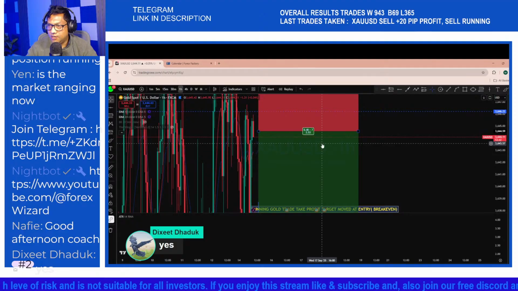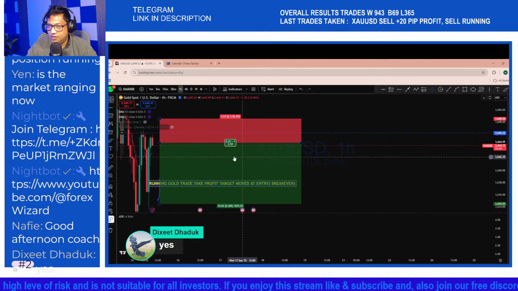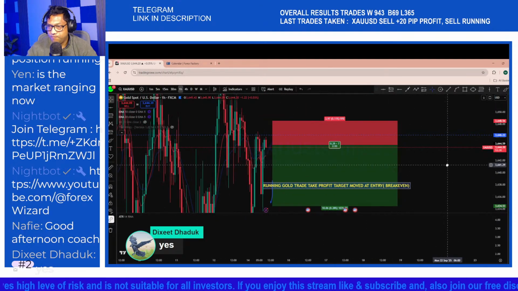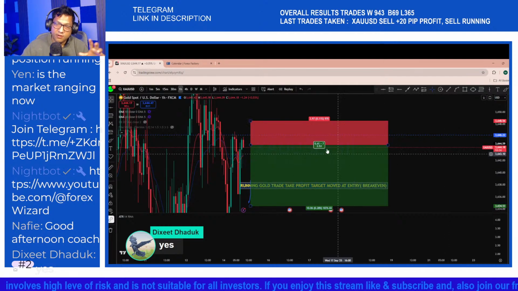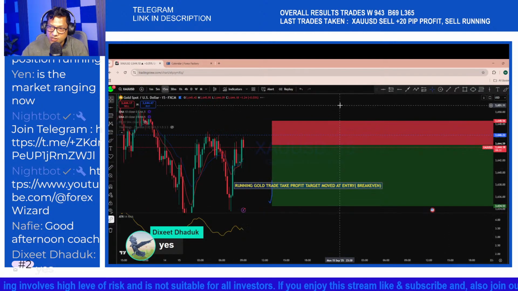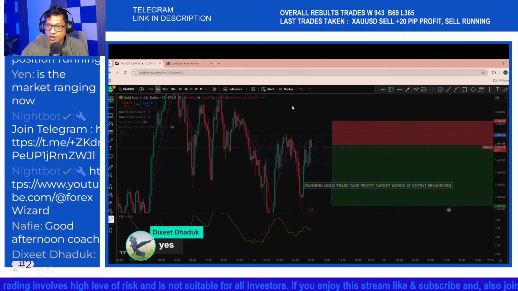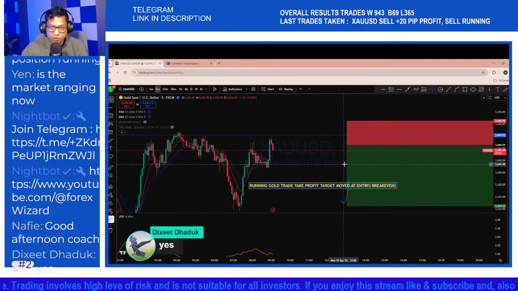And as you can see guys, this is currently choppy here, and in a choppy market it's often better to trade from resistance, selling, and buying from the support.